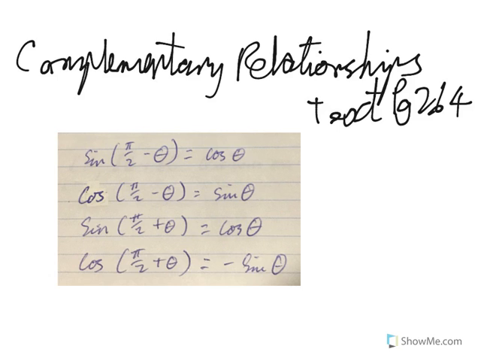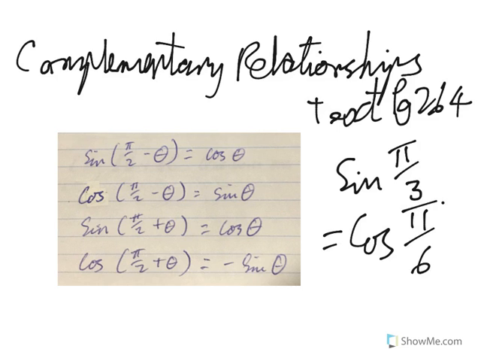So really all that's saying, this first one here, the sine of pi on 2 minus theta is the same as cos theta. So all that's actually saying is that, say, the sine of pi on 3, for example, is going to be the same as the cos of pi on 6, because to get pi on 3, it's pi on 2 minus pi on 6.